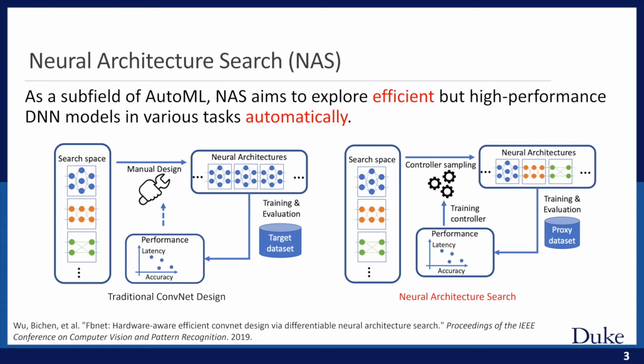So NAS adopts an automatic process to explore the DNN architecture. And of course, we have to design the space and select the best solutions based on the feedback metrics retrieved from the target dataset. So in fact, there have been a lot of NAS works and many of them focus on discovering high performance models for challenging tasks.